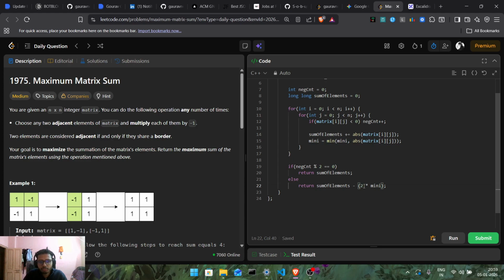So we need to subtract it two times: 2 into mini. And to avoid overflow, we are using long long here.